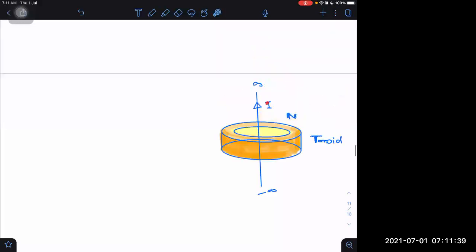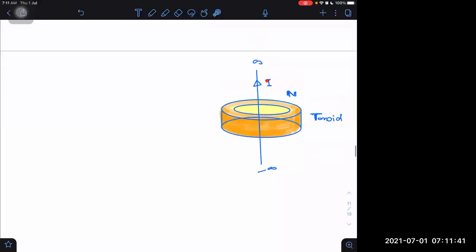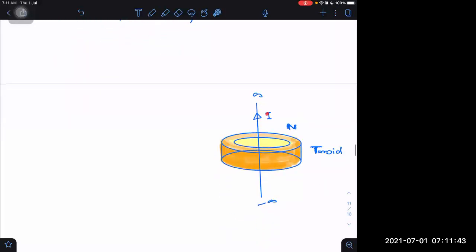Due to that wire, you have to find out what will be the flux passing through this.